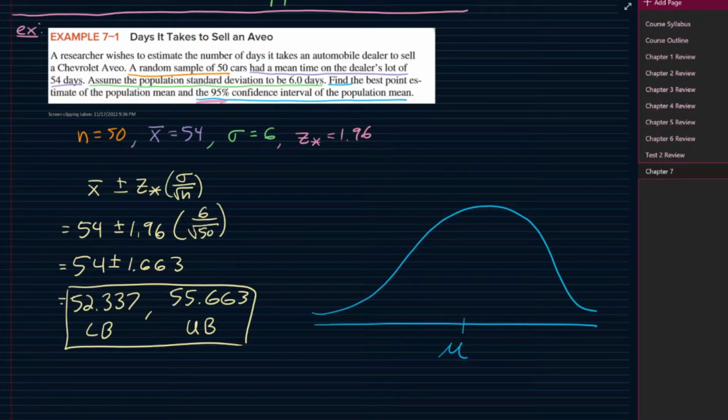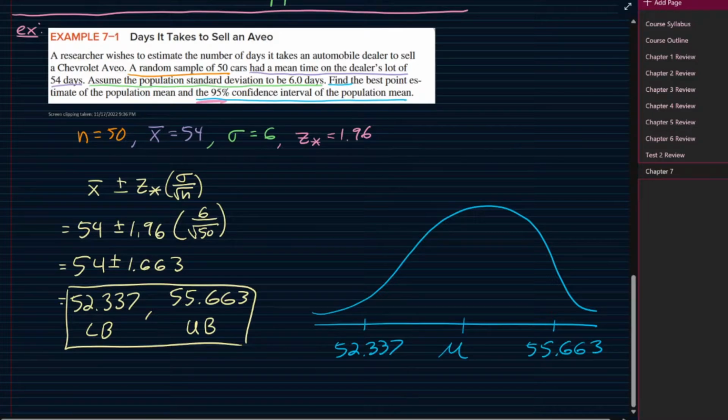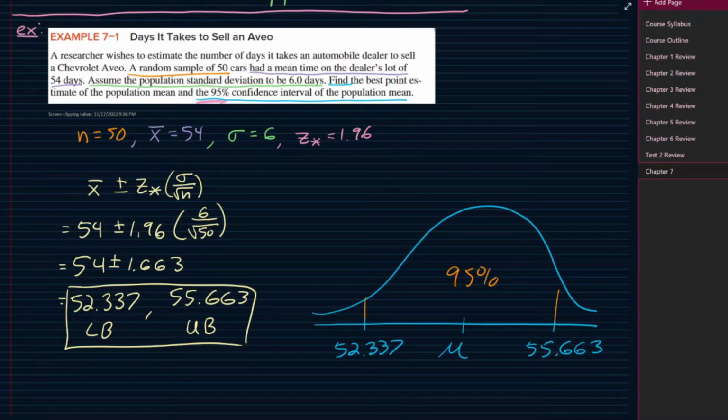Essentially, on the left we've got 52.337, and on the right here, 55.663. And essentially we're 95% sure that the mean is going to be between these two values. That's pretty much what we're doing here.